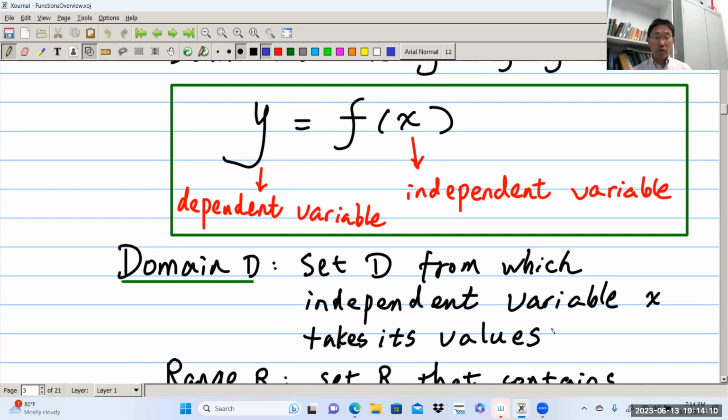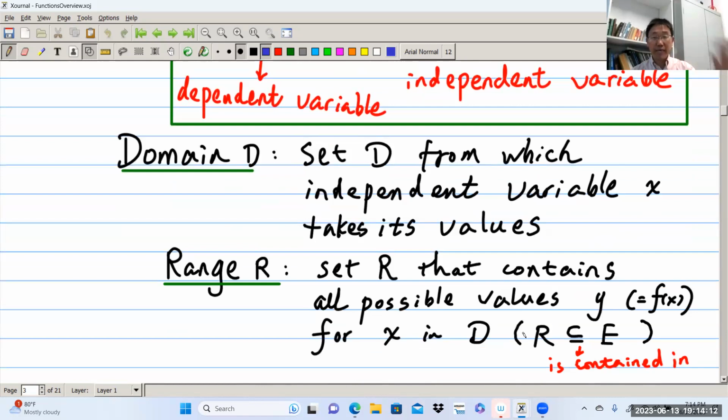And the range R is the set that contains all possible values of y corresponding to all the x values in the domain. So the range R is like a storage of the products from the machine.